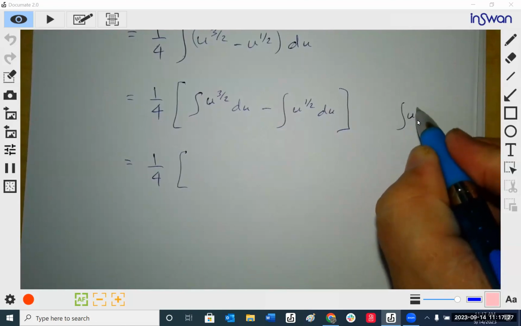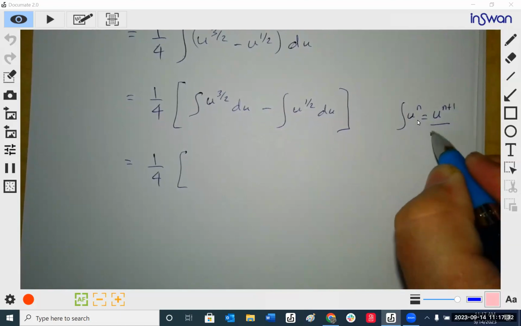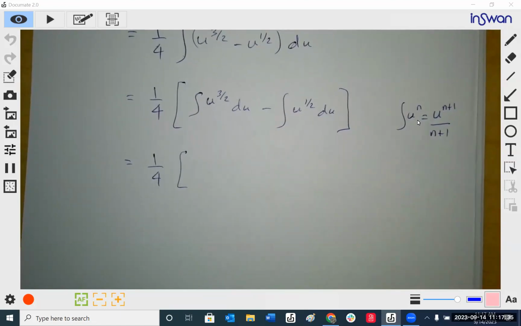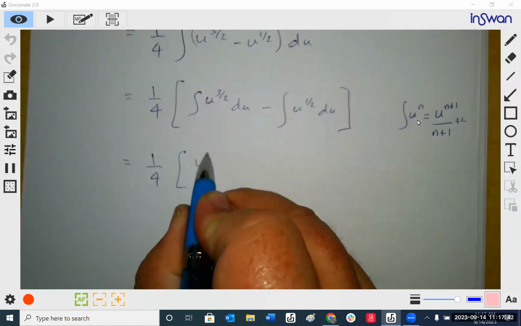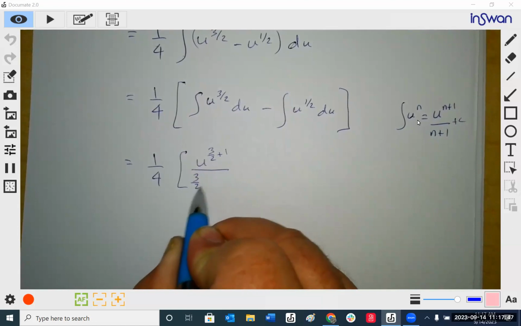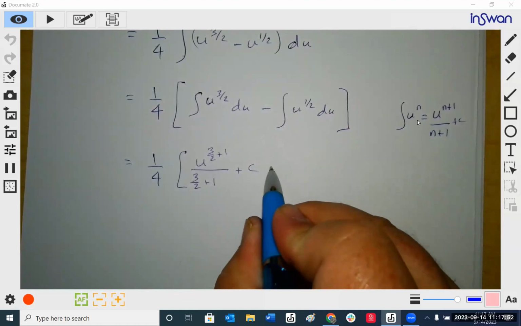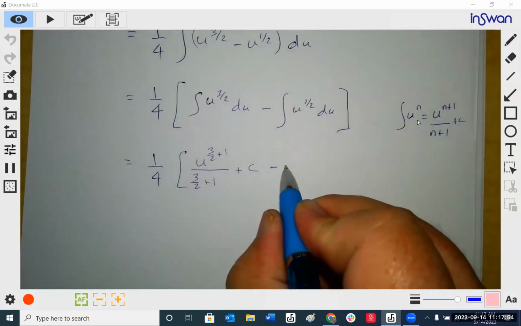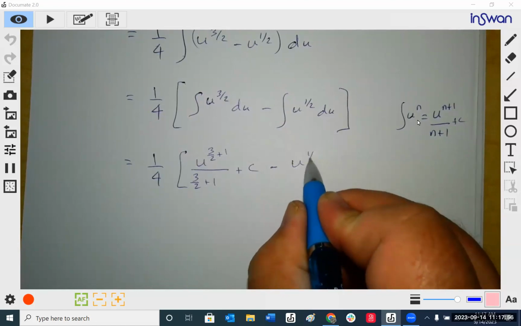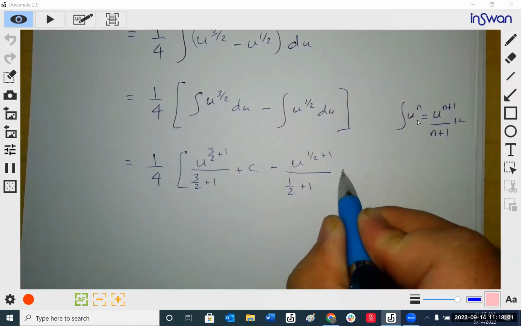The integral of u to the power n equals u to the power n plus 1 over n plus 1 plus c. So we have u to the 3/2 plus 1 over 3/2 plus 1 plus c, minus u to the power 1/2 plus 1 on the bottom, 1/2 plus 1, plus c.